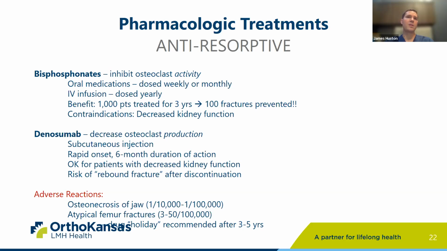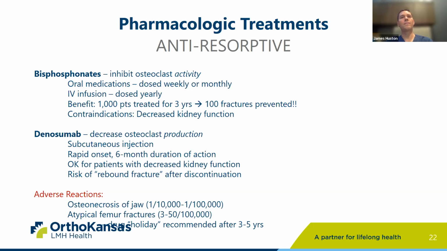For 1,000 patients treated for 3 years with osteoporosis, it was calculated that 100 fractures would be prevented. So that's basically 1 in 10 patients not having a fracture over the course of just 3 years by treating 1,000 patients. So it's a pretty significant benefit.